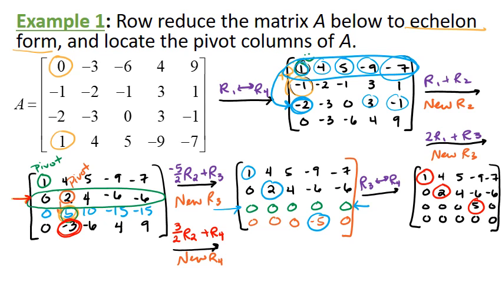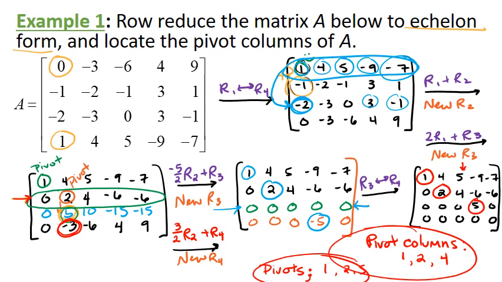So I have 3 pivots, and my pivot columns are 1, 2, not 3, and 4. And my pivots are 1, 2, and 5. Those are the values of the pivots. And this answers the question.